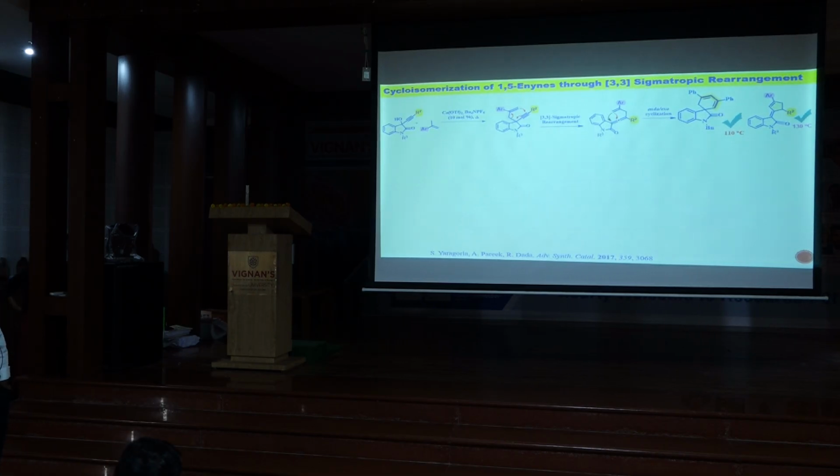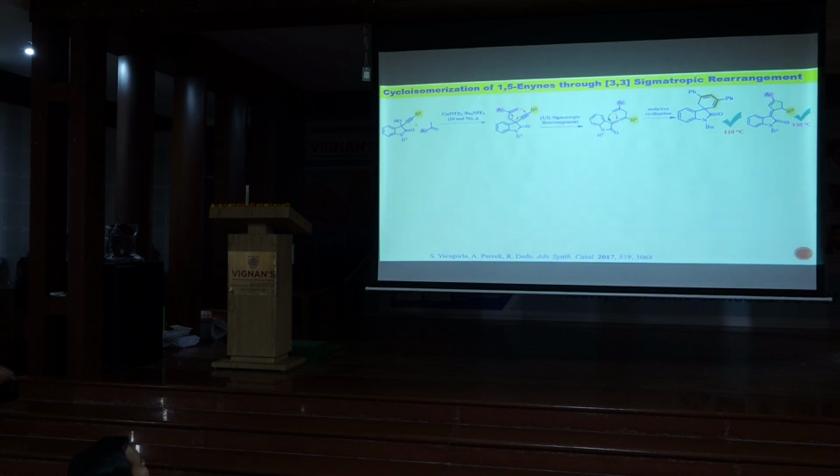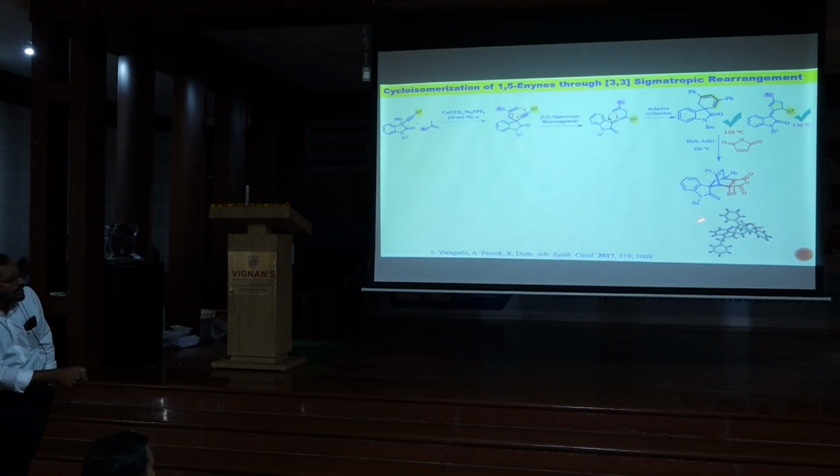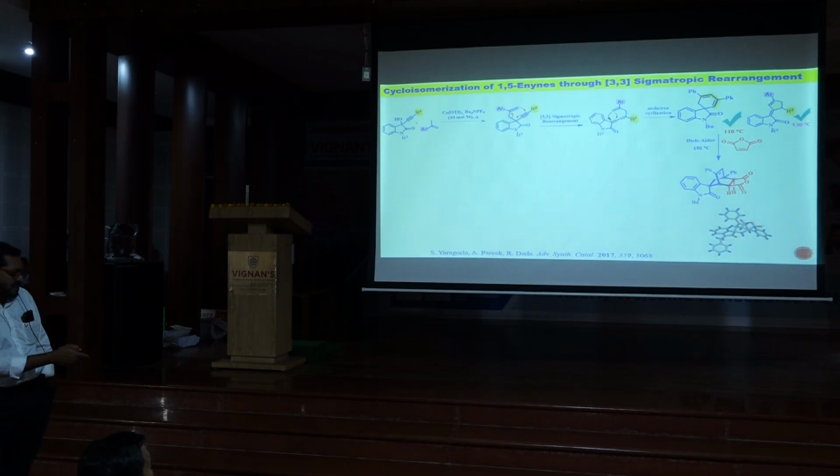Although isolation of this spirohexadiene is not that easy, we trap this hexadiene in a Diels-Alder cycloaddition by adding maleic anhydride. So then in situ we started here, and from here to here we could make this kind of sterically hindered molecule, where you can see 5 stereogenic centers.